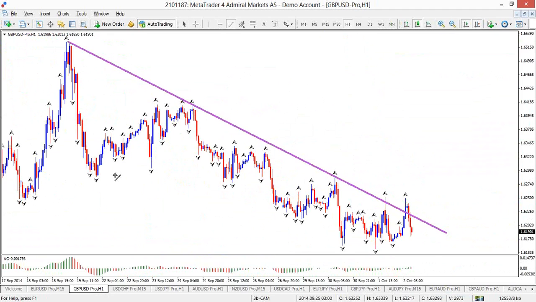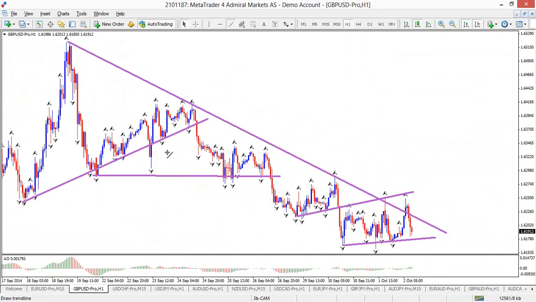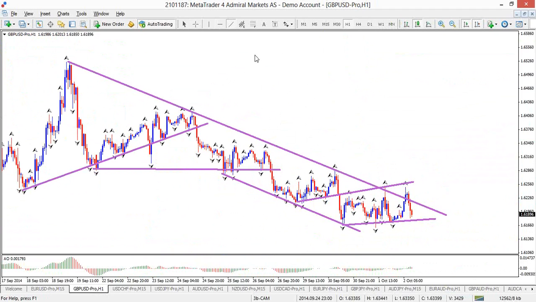Right there, we had a ton of trend lines. Those were all broken. As you can see, this is broken, this broken, and it hooked back to a trend line here, trend line here.